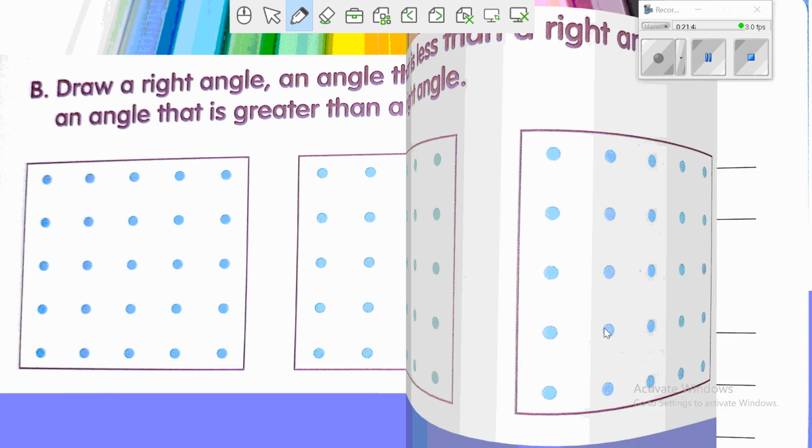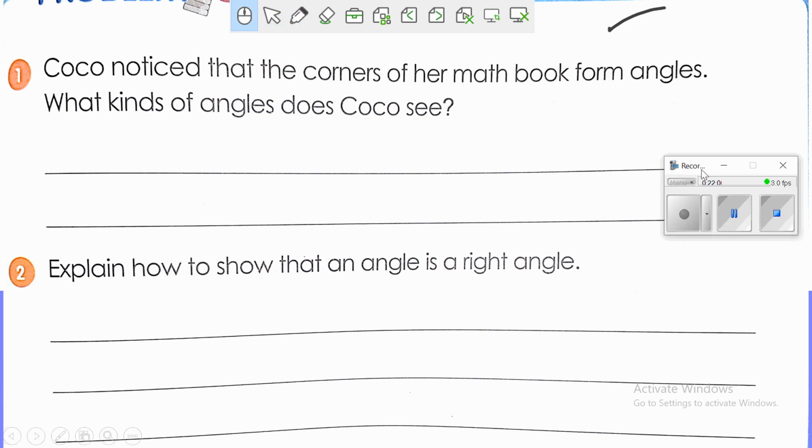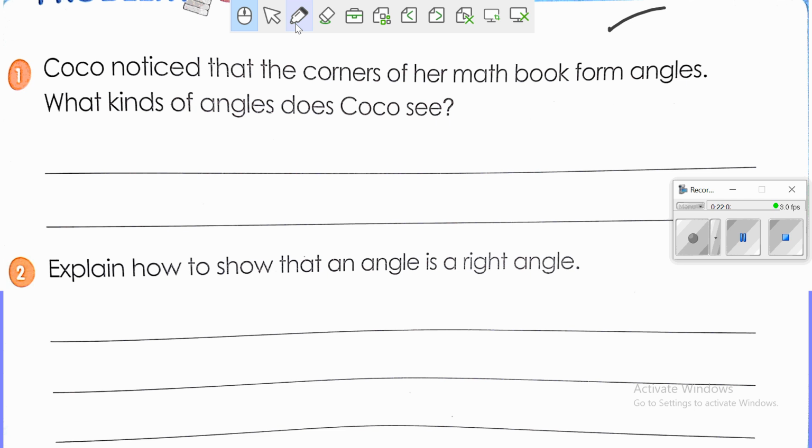Here is the first problem solving. Coco noticed that corners of her math book form angles. What kind of angle does Coco see? Let's draw it.